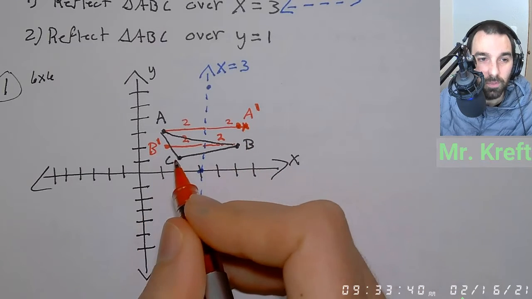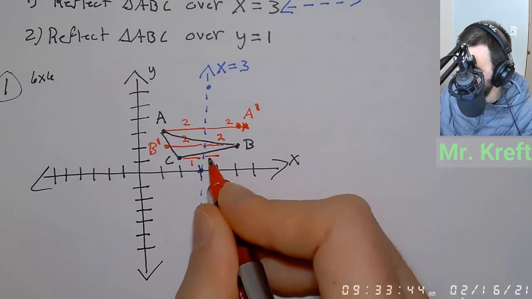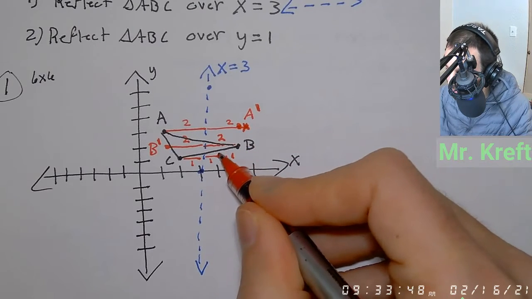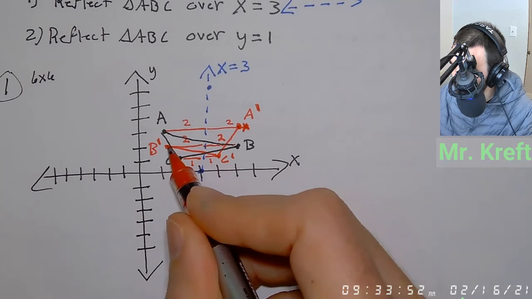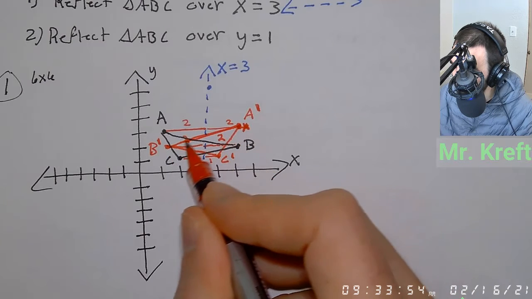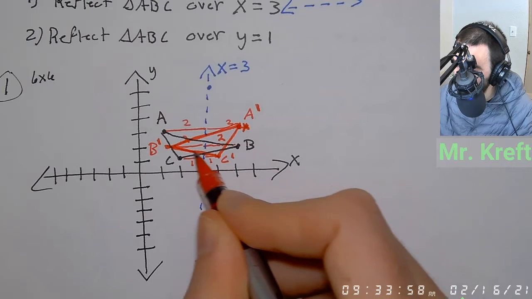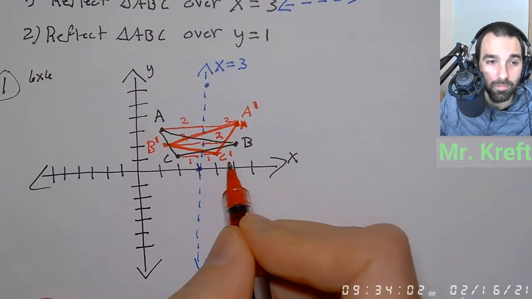And then C is 1 away, so I'm going to go 1 away over here, and this is my C prime. Now, again, I have different colors. If you guys don't have different colors, you can go ahead and use dashed lines for your new shape. And the answer is yes, it gets messy. So there's my new shape.